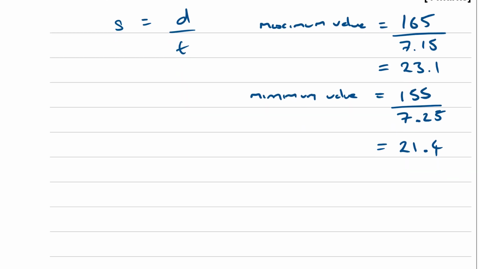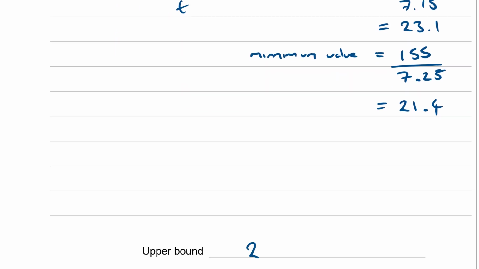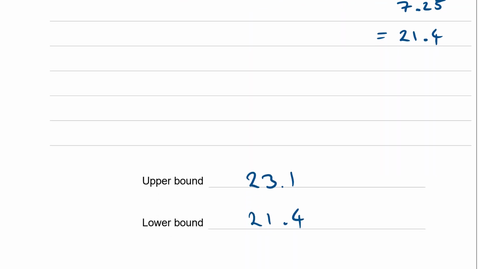So my upper bound is going to be the largest of those two, 23.1, and my lower bound is going to be the smallest of those, 21.4. 23.1 and 21.4.